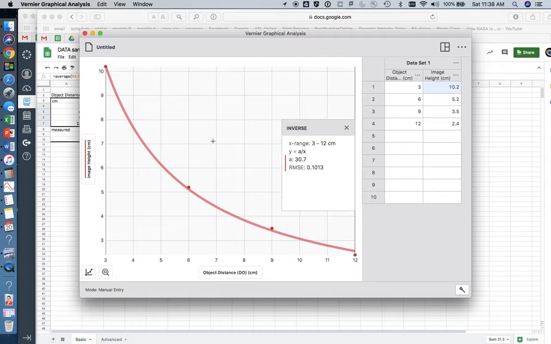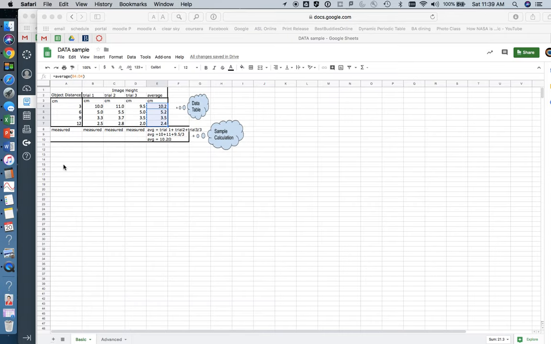So I want to take this graph and put it into my data section. So I'm going to take a screenshot, Command-Shift-4. I'm going to highlight that. That was placed on my desktop.